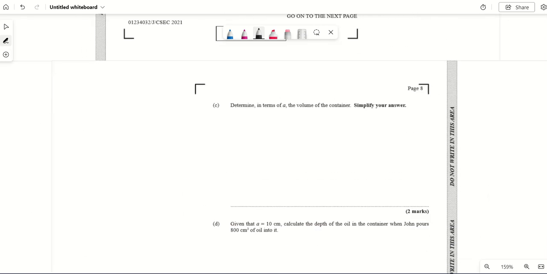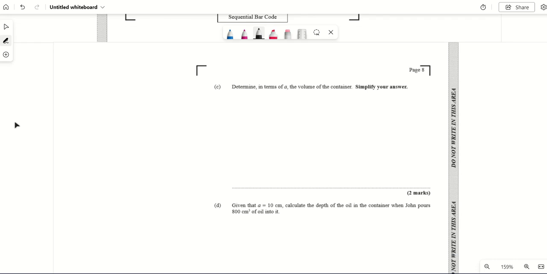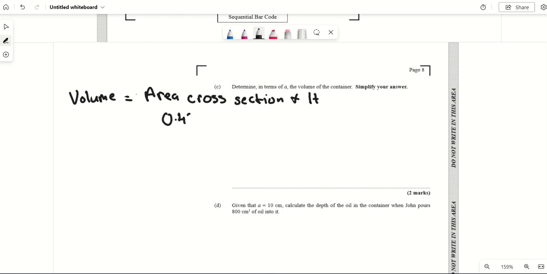Alright, so let's do the next one. They said determine in terms of a the volume of a container. And I told you guys that your volume is the area of your cross section multiplied by your height. Your area of your cross section is what we have above, which was 0.433 a squared multiplied by your height. Your height is 3a. If you went above, you know that your height is 3a.